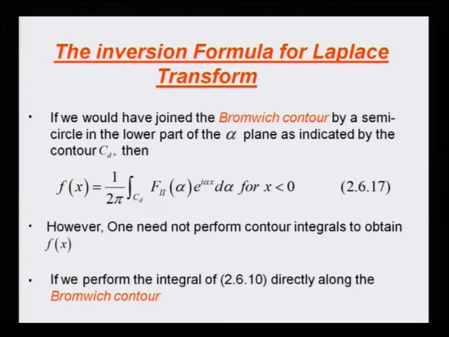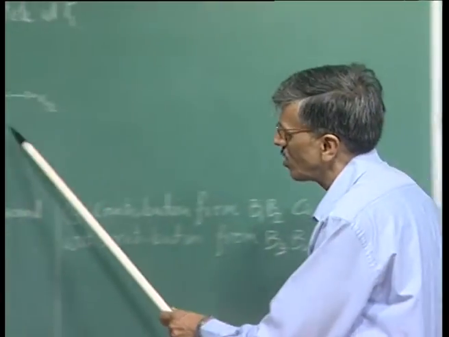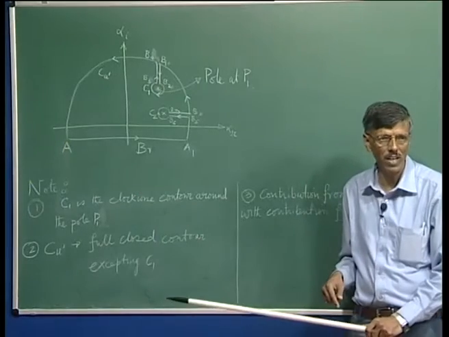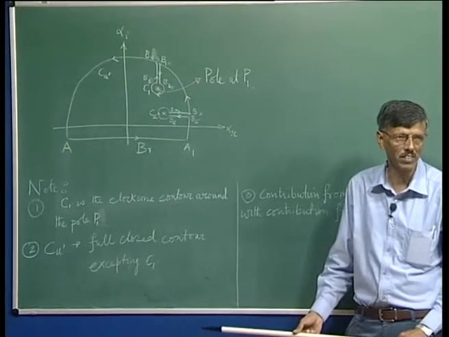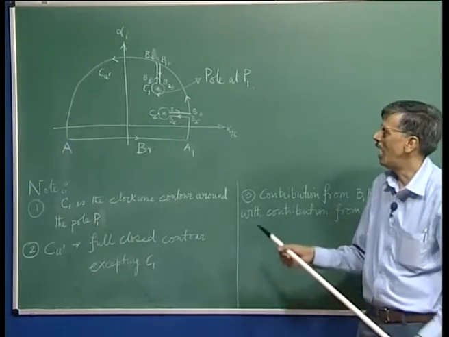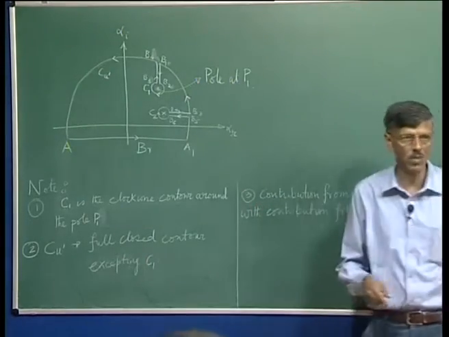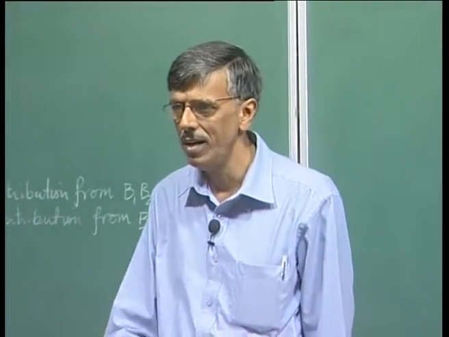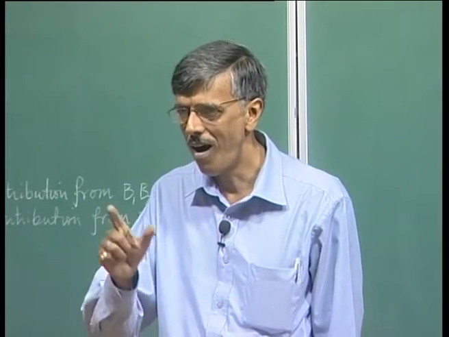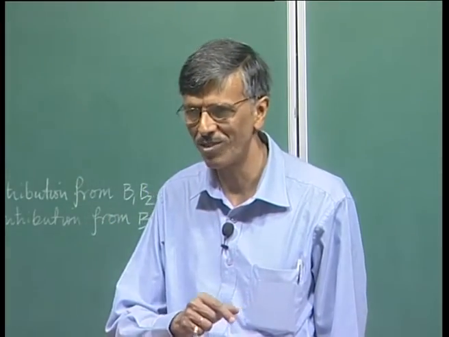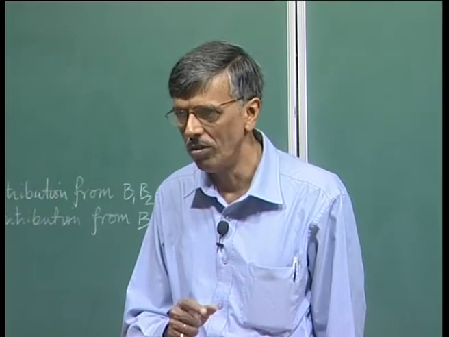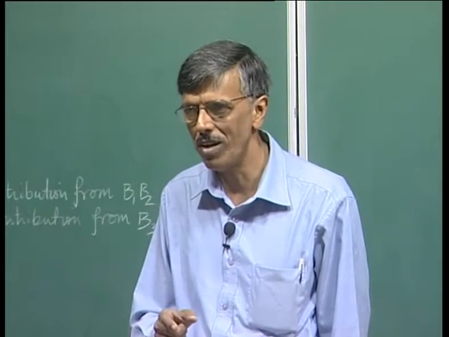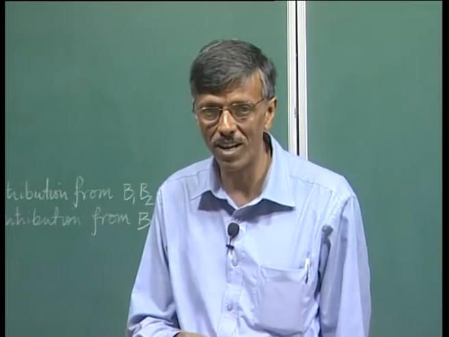But you do not really need to worry about either closing the contour on top or closing the contour on the bottom, because this circular arc, if Jordan's lemma is valid, does not contribute anything. However, as I told you, this semicircular arc with a radius going to infinity is nothing but half the point at infinity. So, what do we call it if the function is not 0 there? We call it the function to have an essential singularity, right.